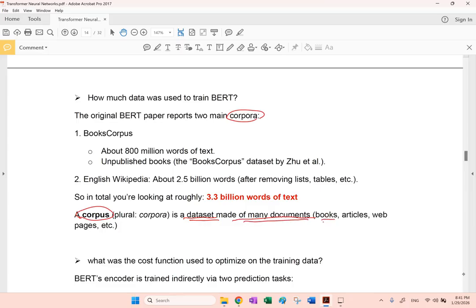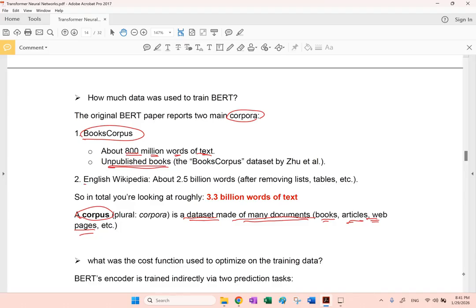So there were books used to train it, articles, and web pages. Of course, it was not multimedia format. It was just text. It was not any picture or anything like ChatGPT. It was just text, but it came from books, articles, web pages, and so on. The ones that came from books had about 800 million words of text in them, and some books that were not even published.